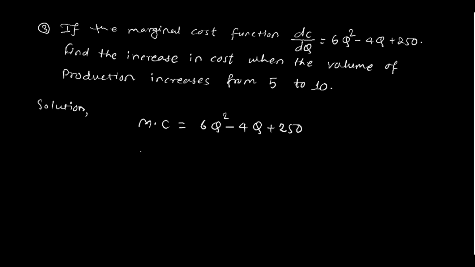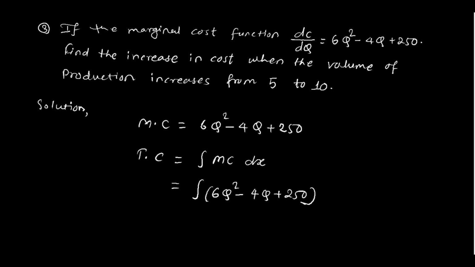So we have to find the total cost now. Total cost function is the integration of marginal cost, which is 6q square minus 4q plus 250. Since the output is in the form of q, we have to put dq here.